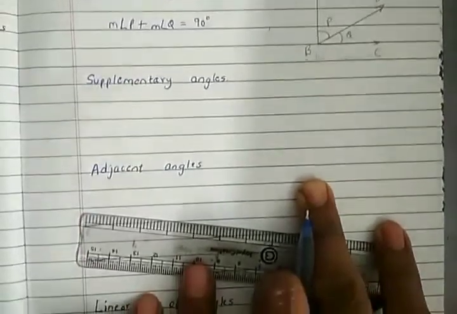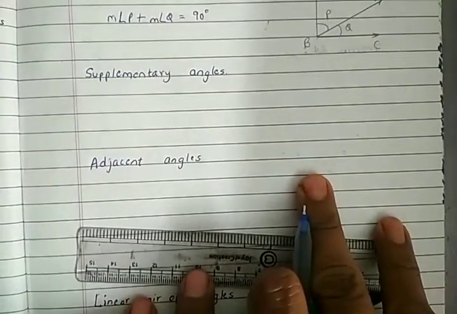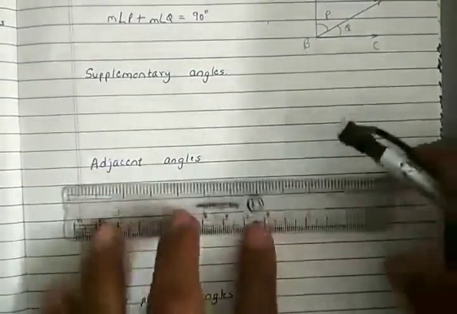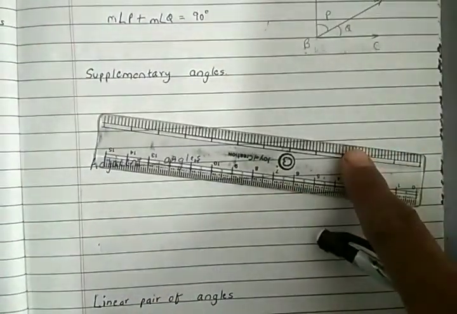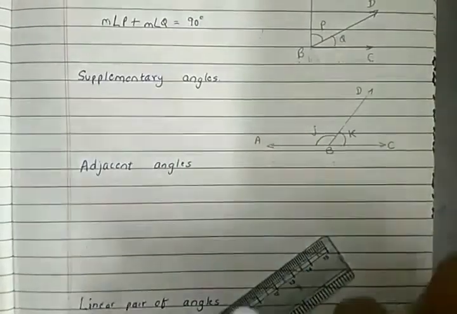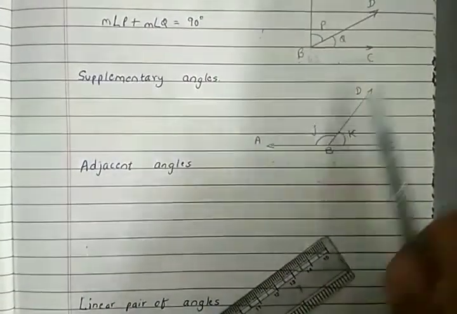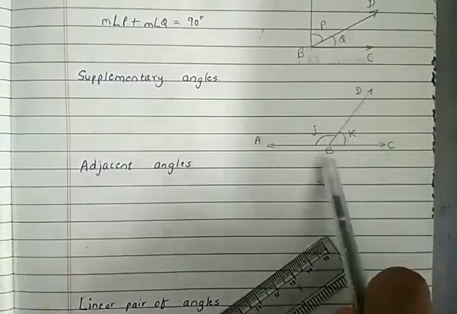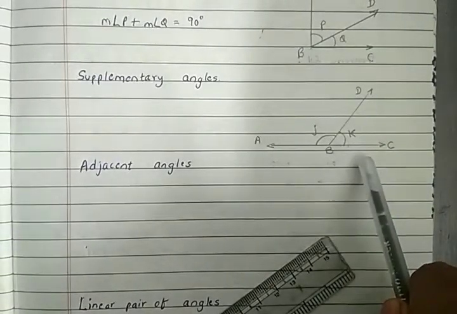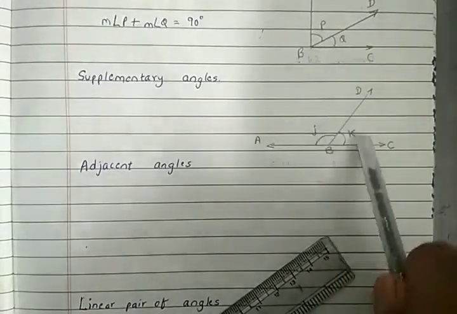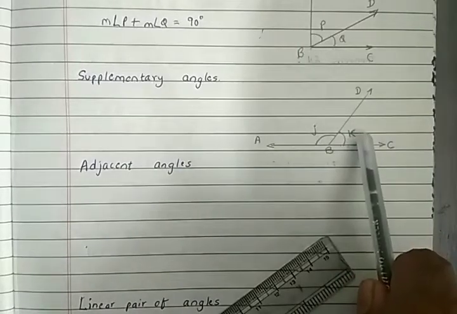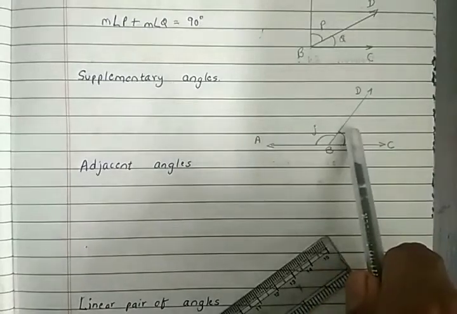Now let's learn about supplementary angles. First let me draw it. Measure angle ABD is J degrees and measure angle DBC is K degrees. Now when you add these both angles, J plus K, the sum will be equal to 180 degrees.